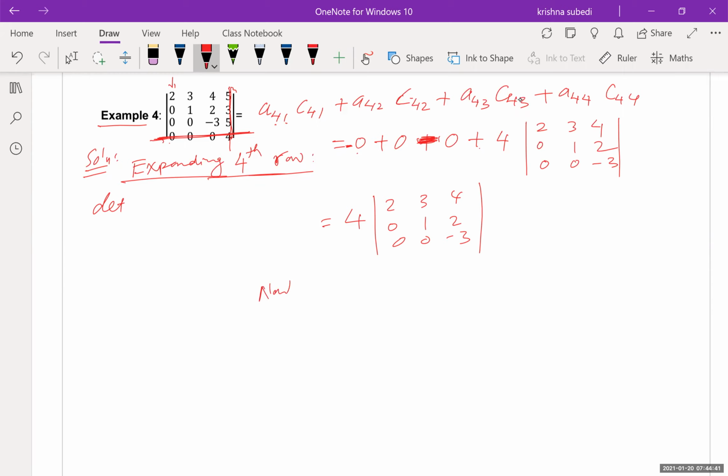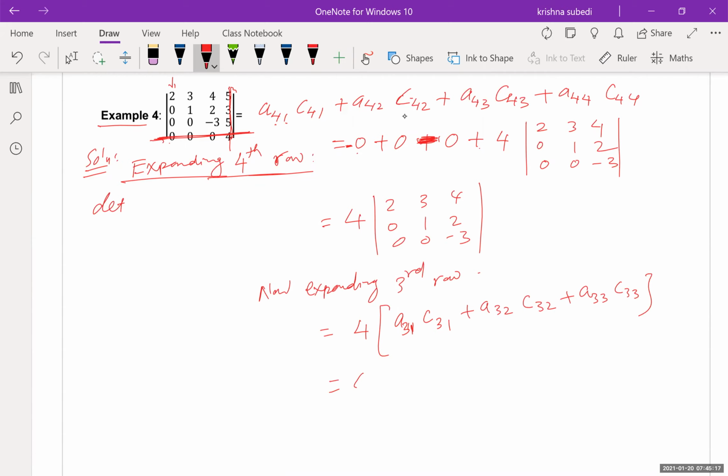Now let us expand the third row again. Expanding the third row, you're going to get 4 times A31 C31 plus A32 C32 plus A33 C33.